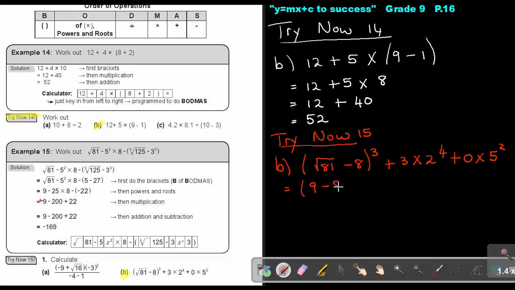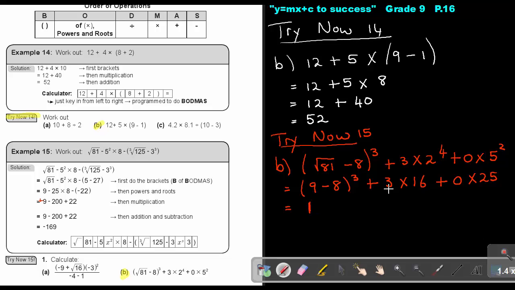And then we subtract that 8, and we keep to the power of 3. Okay, so let's first do all the powers. So plus, rewrite. What is 2 to the power of 4? That is 16. So plus 0, what is 5 to the power of 2? That's 25. Okay, now we're going to say 9 minus 8, that's 1. And 1 to the power of 3, it stays 1.